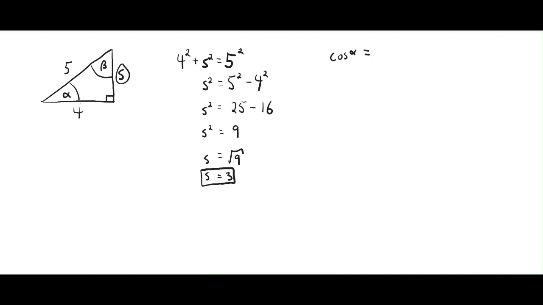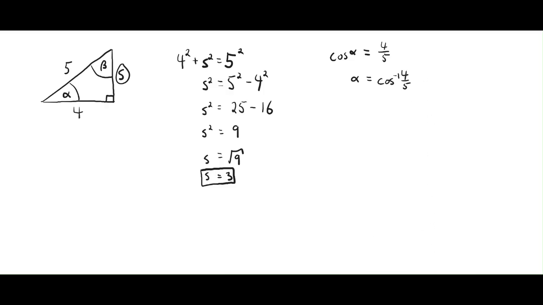So we want to pick this 4 for cosine. The hypotenuse is 5. That goes in the bottom of the fraction. So we have cos alpha equals 4 over 5. And if cos alpha is 4 over 5, that means alpha is the inverse cosine of 4 over 5.